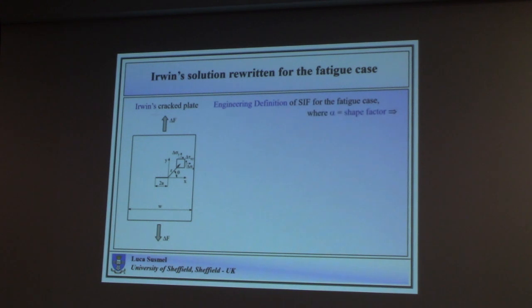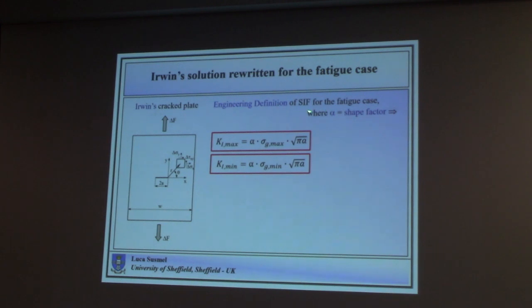Okay, so clearly, when we use the engineering definition we know for the stress intensity factor, if we use the maximum nominal stress in the cycle, we can accordingly define K1 max. In a similar way, if we use the minimum value in the cycle, we can define K1 min. And the range of the stress intensity factor, the one we use to calculate the stresses from Irwin's equation, becomes equal to K1 max minus K1 min, which is clearly alpha times delta sigma g, which is the range of the nominal gross stress, times the square root of pi times a.